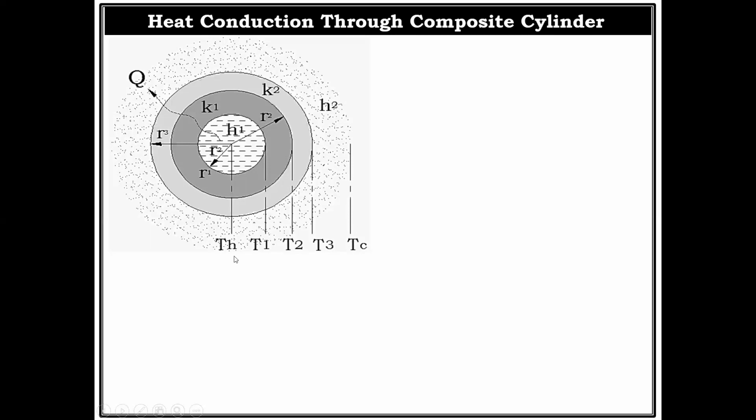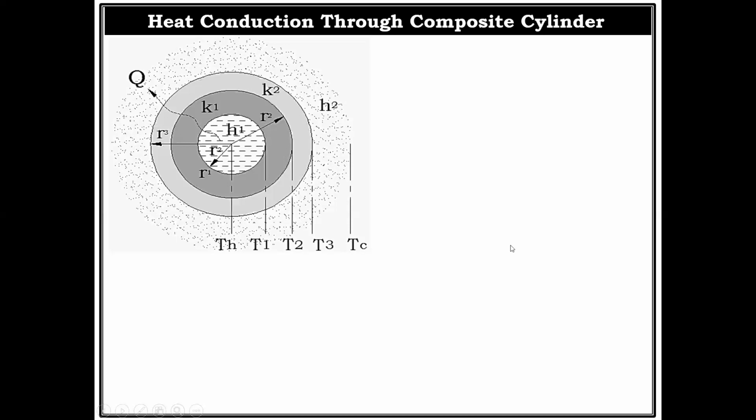Now if we label the temperatures, heat is transferring from the hot fluid to the outside cold fluid. TH is the hot fluid temperature, T1 is the inner surface temperature of the inner cylinder, T2 is the intermediate temperature between the two cylinders, T3 is the outer surface cylinder temperature, and TC is the outside cold fluid temperature.